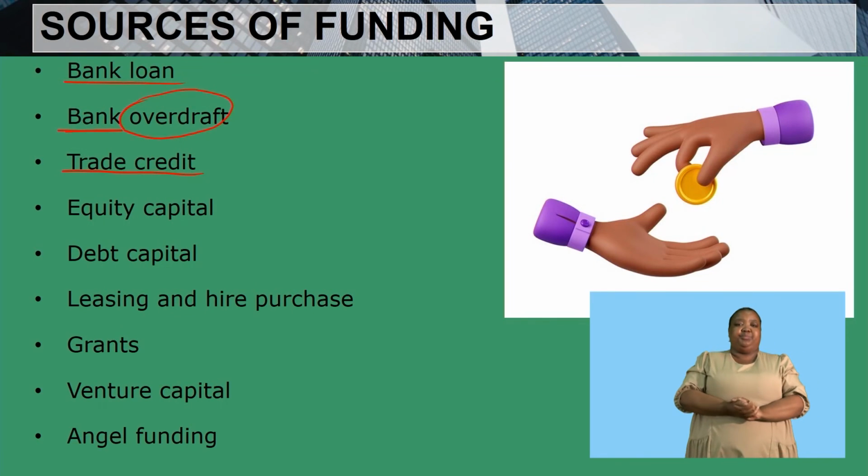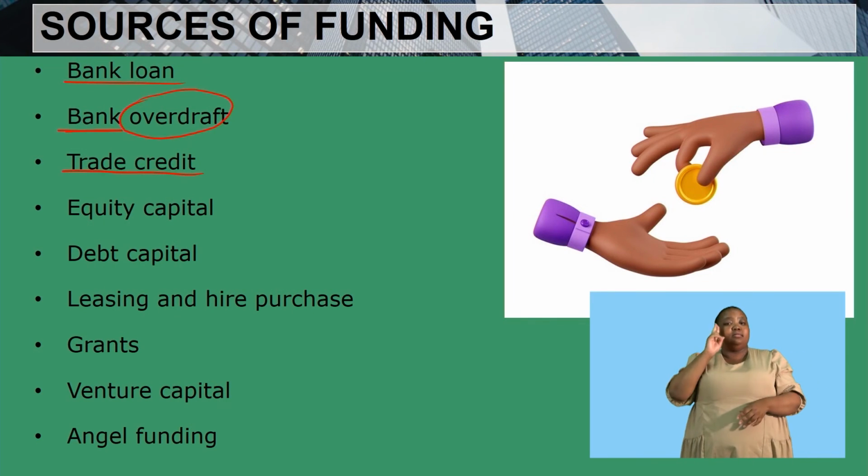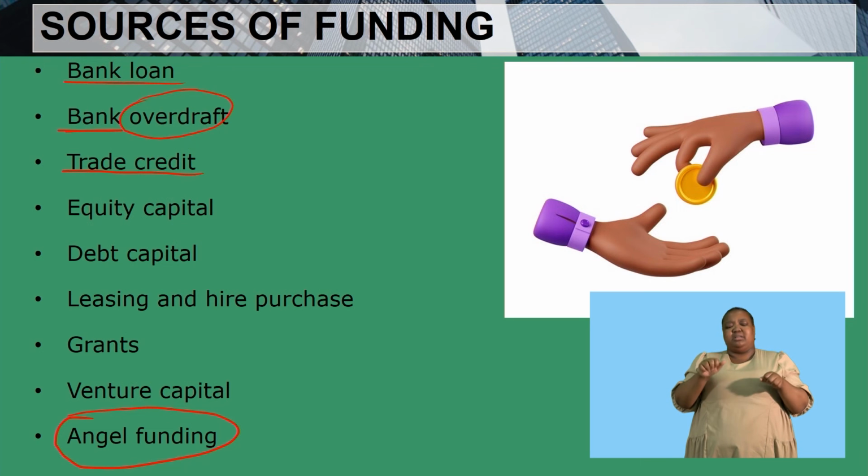You also have trade credit, which is buying products on credit and paying for them at a later stage. Now also, let's remind ourselves again that we have what we call angel funding, which is very important, which is when a wealthy entrepreneur offers a small business funding in return for a share in the business.